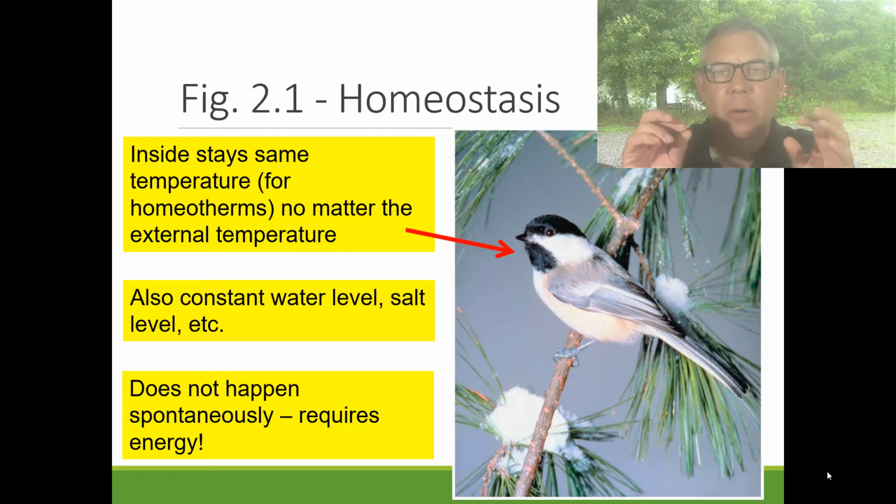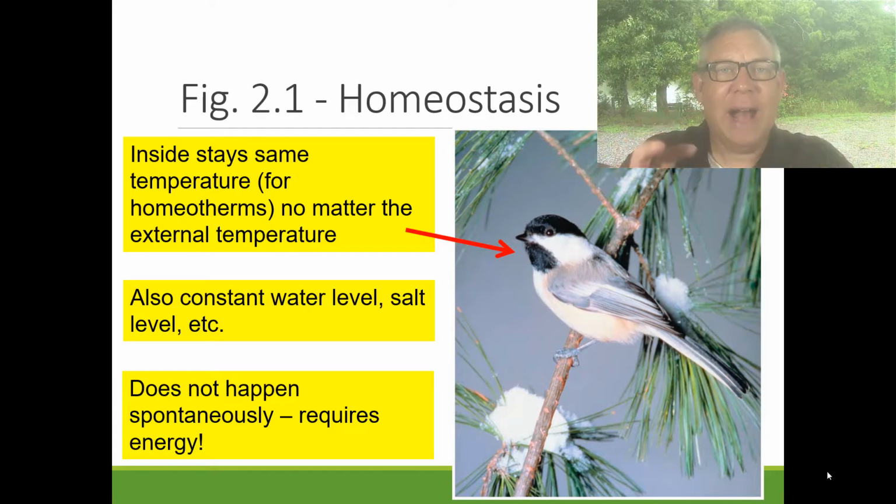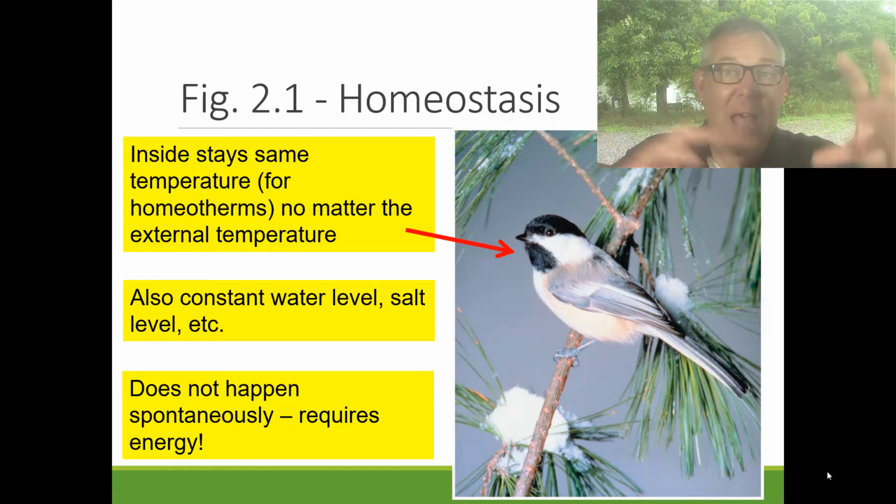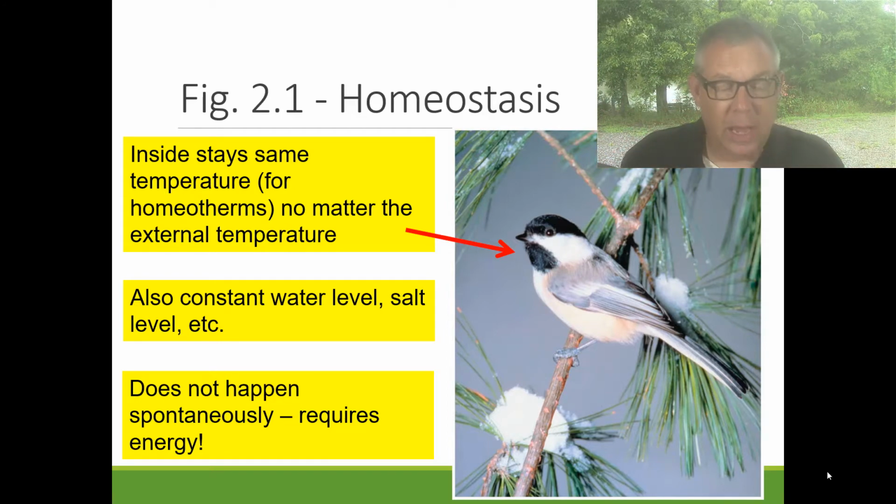For proper life processes, you've got to have a certain constant level of those things, and that does not happen spontaneously. Living things must expend energy to maintain this internal environment.